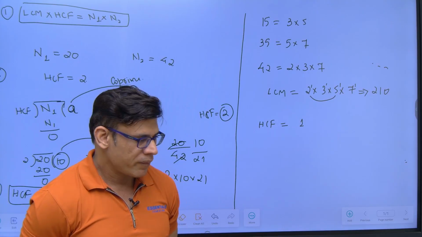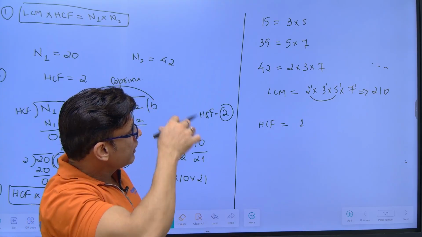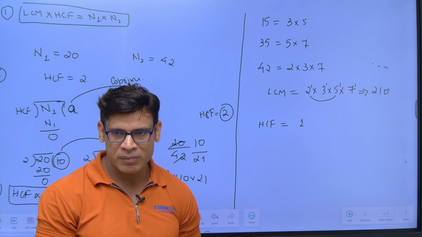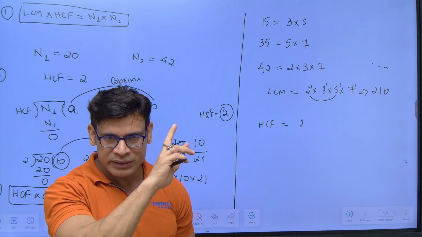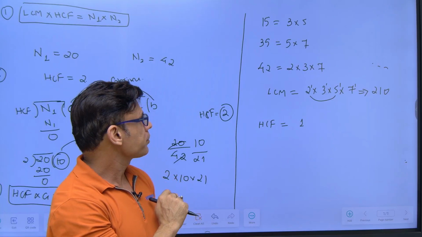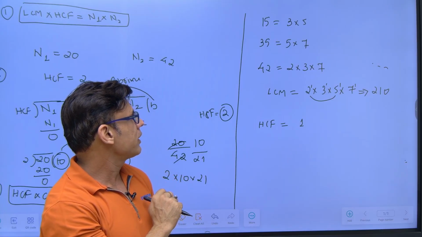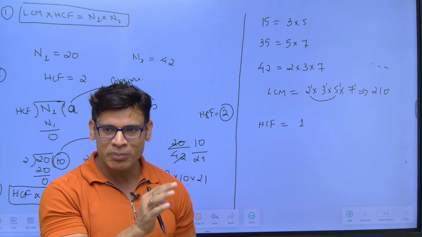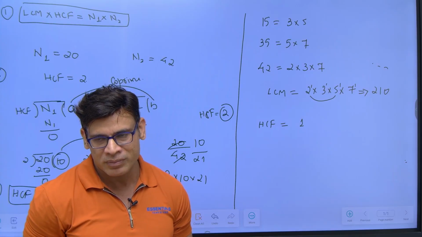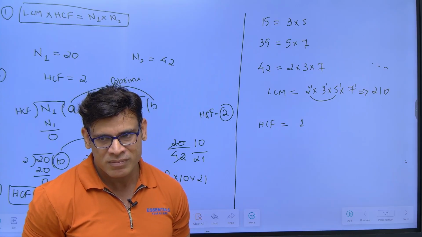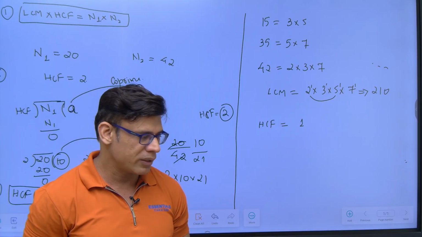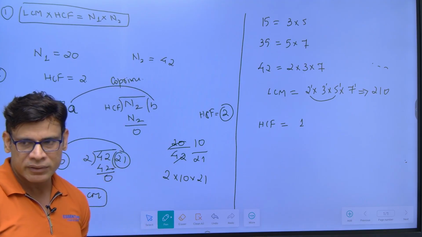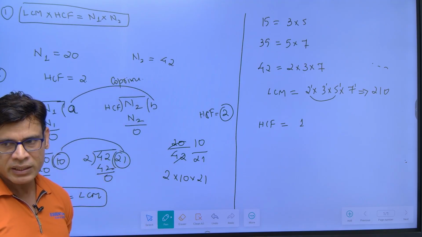HCF 1 means there is no number which can cancel all three numbers simultaneously. 5 can cancel the first two numbers. 7 can cancel the second and third number. But there is no number which can cancel all three. So when nothing can cancel all the given numbers, then HCF is 1.